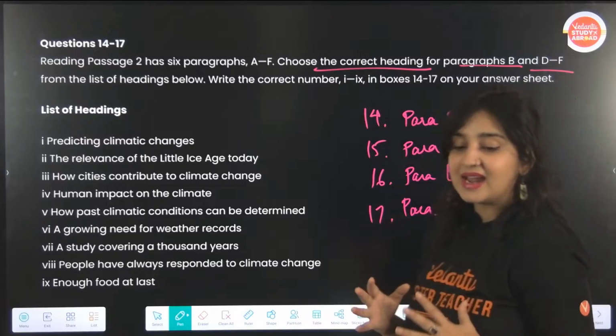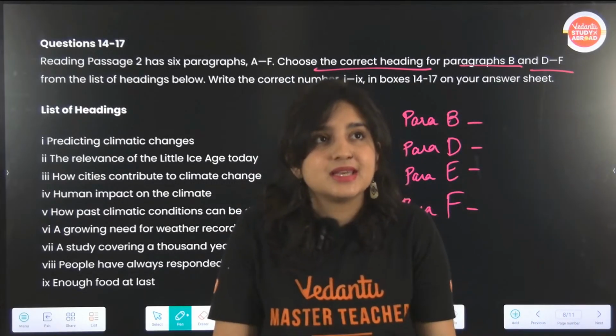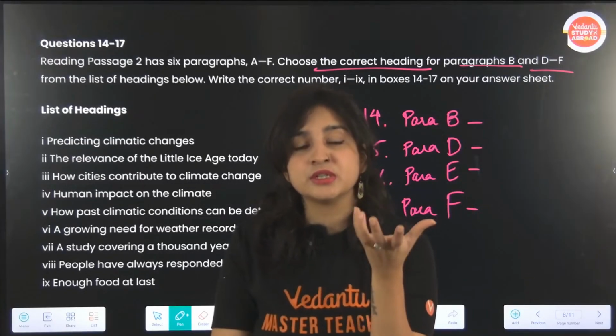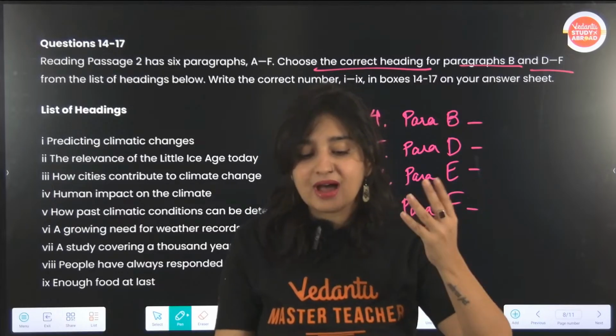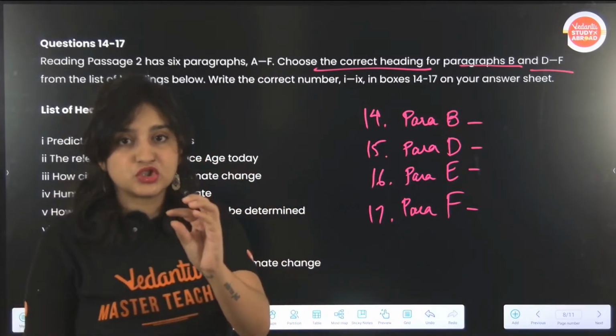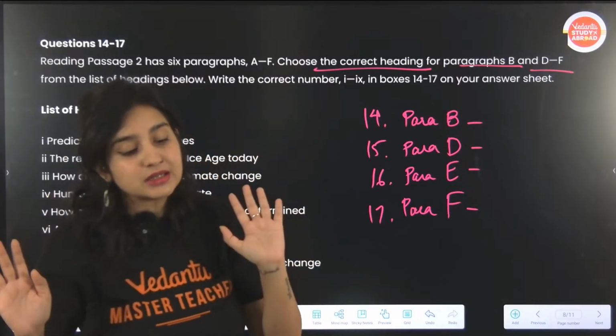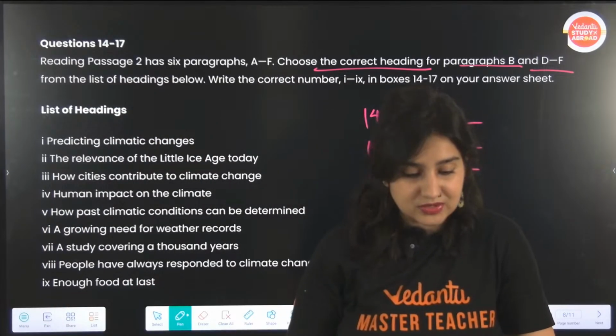Here is where writing down the gist is so useful, because gist is essentially the concentrated version of the information in that paragraph. All you have to now do is match these different headings to the gist. If you are able to do that, you will automatically get the answer to all your different questions. Okay?